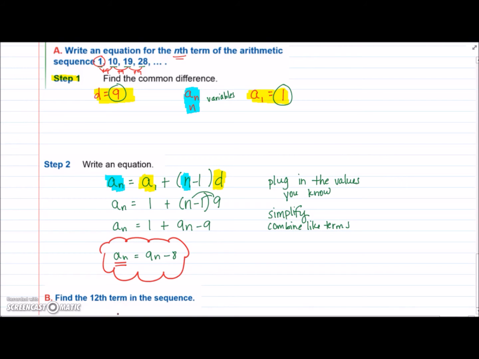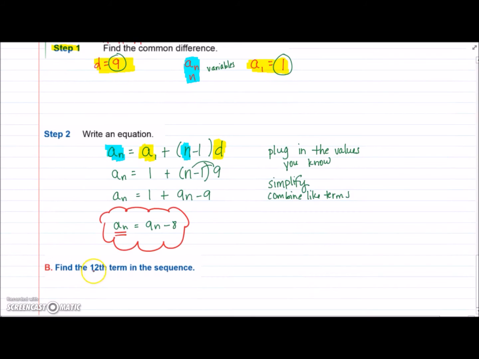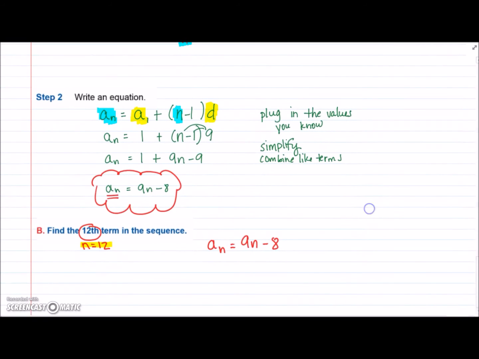So then we can generalize this a little bit or see why it's useful. Suppose now we want the 12th term. Well, the 12th term, that means n is 12. So we go back to our formula that says a sub n equals 9n minus 8. But I just said I want n to be 12.